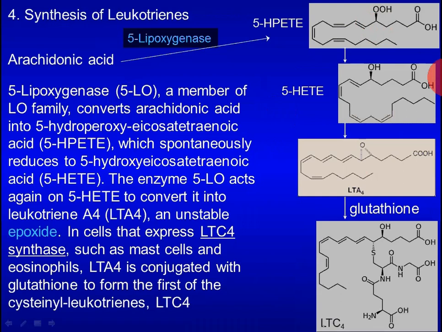The same enzyme acts on the reduced compound and converts it into leukotriene A4, an unstable epoxide with this group. A second enzyme, leukotriene C4 synthase, converts leukotriene A4 to C4 by conjugation with glutathione. This is glutathione.